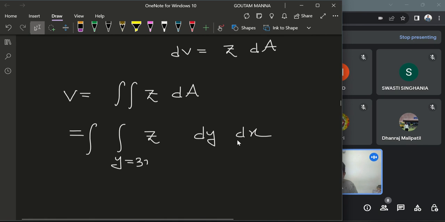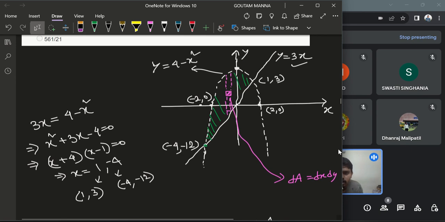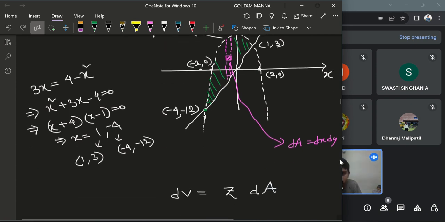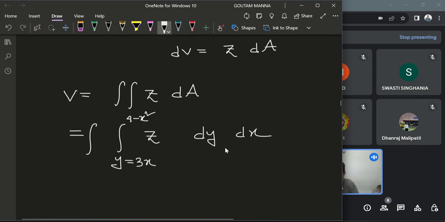After we are done with this y integration, we need to move this small area patch throughout the x limit. So that's why we need to move x from minus 4 to 1. This is the minus 4 point and this is the extreme point on x, that is 1. So in that way we can cover the whole area. So x will be going from minus 4 to 1.